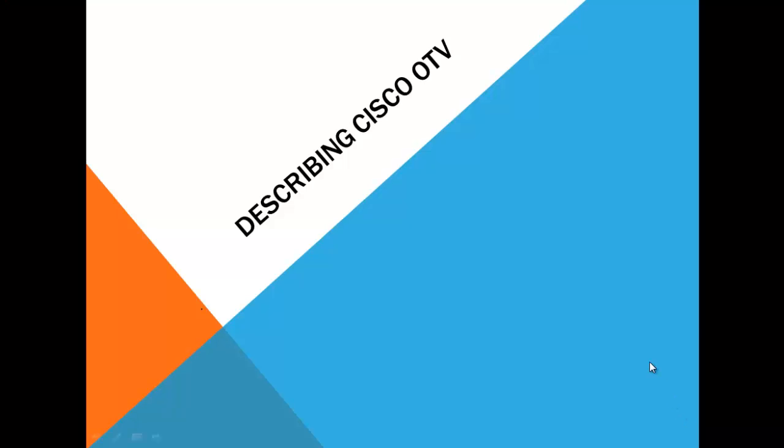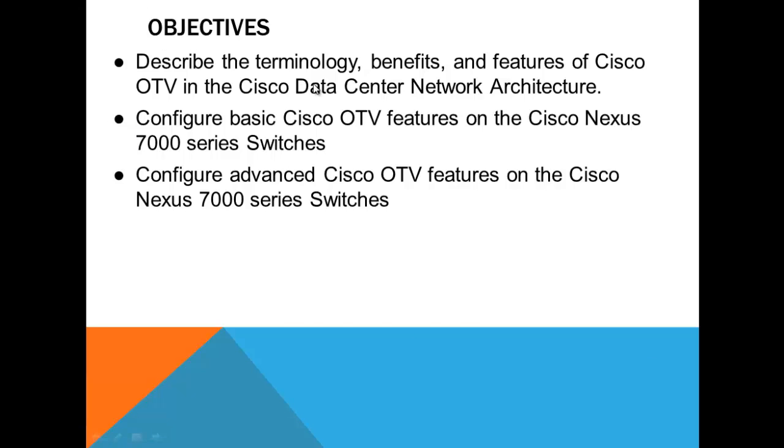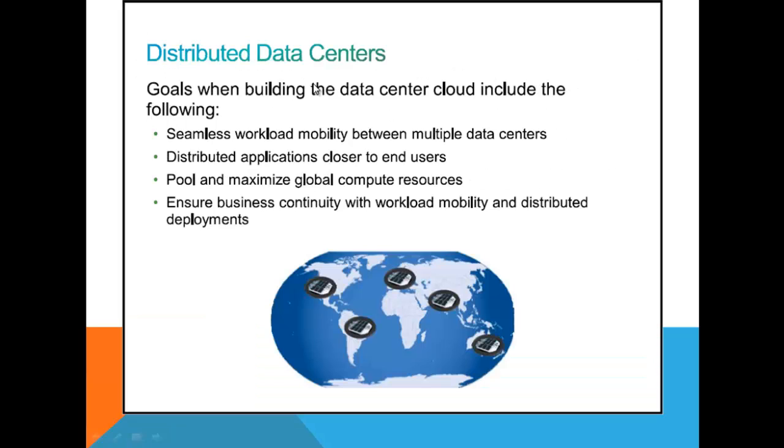So OTV, to bridge the data center. Traditionally, we were having data center bridging, but it was not so friendly. When one data center connection goes down, all the data centers will go down.